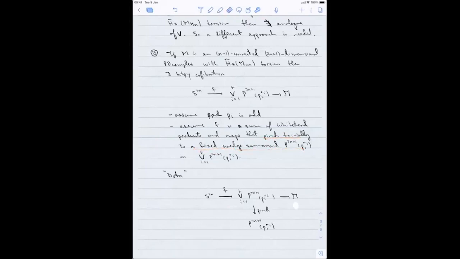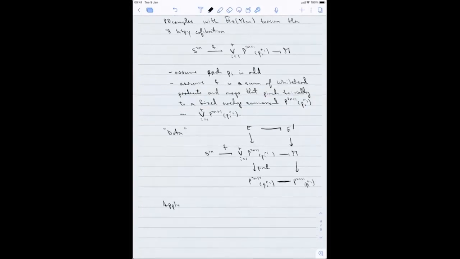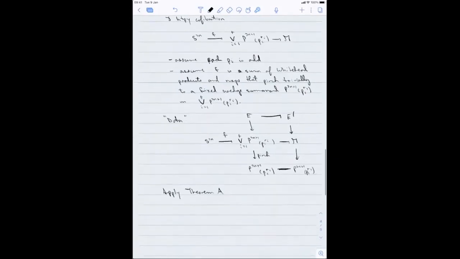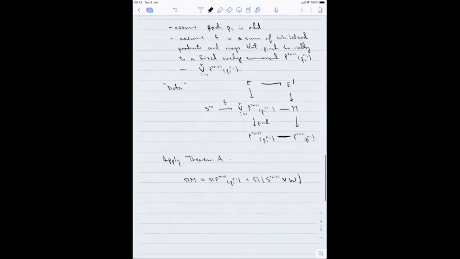So there'll be an extension across to the cofiber. And then you could take fibers and apply theorem A. And you end up with loop M being loop on this fixed Moore space crossed with the loop of a sphere wedge a large wedge of Moore spaces.